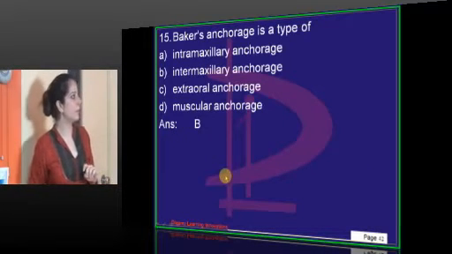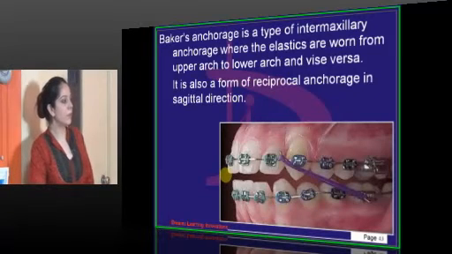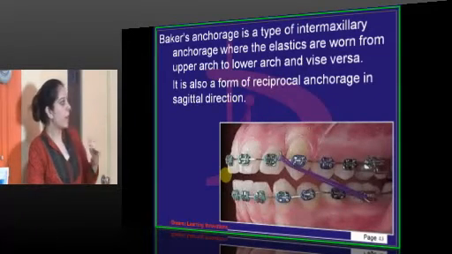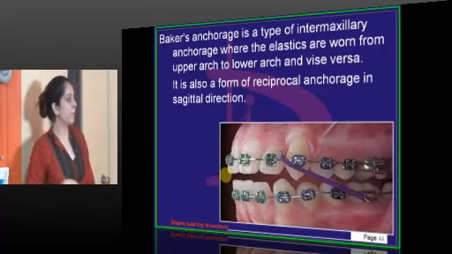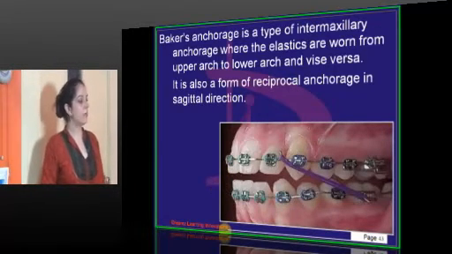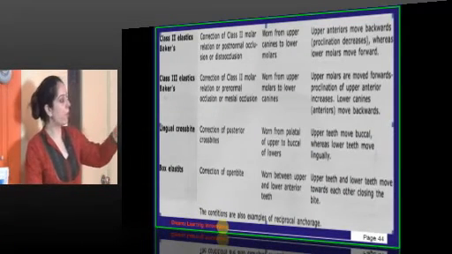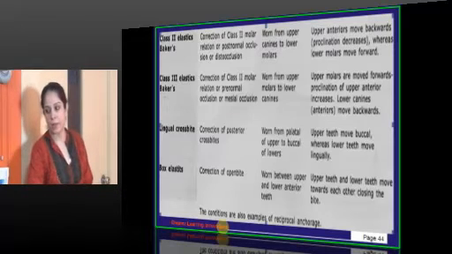Now this was discussed earlier, Baker's anchorage is a type of intermaxillary anchorage. So Baker's anchorage is nothing but intermaxillary elastics. They are worn from the upper arch to the lower arch, either in this way or in the opposite way. It's also a form of reciprocal anchorage in the sagittal direction. So these are the different types of elastics, and these are the examples of reciprocal anchorage.